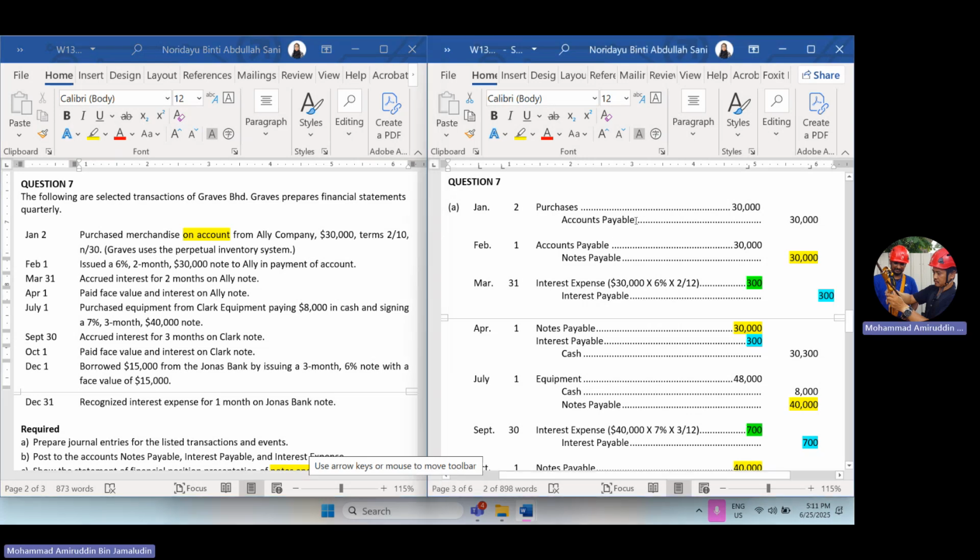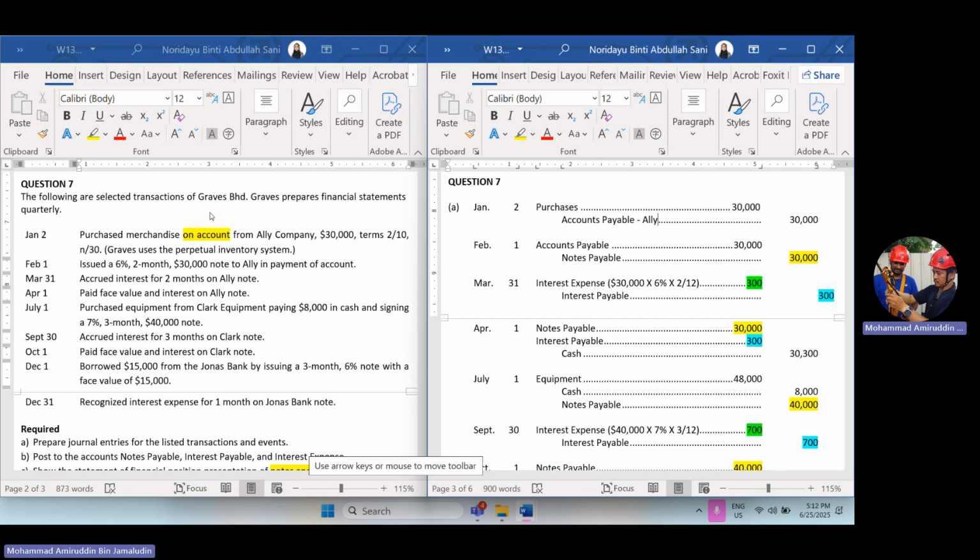The best one, you write accounts payable dash Ali. In midterm, some students just wrote accounts payable, I accept, full mark. Some students wrote Ali only, also full mark. Some wrote accounts payable dash Ali. All are correct. But of course, when your liability goes up, it should go to the credit side. If you put debit, then wrong.